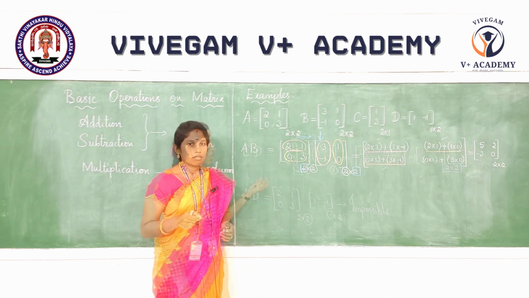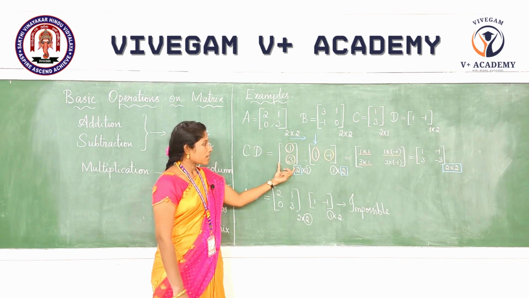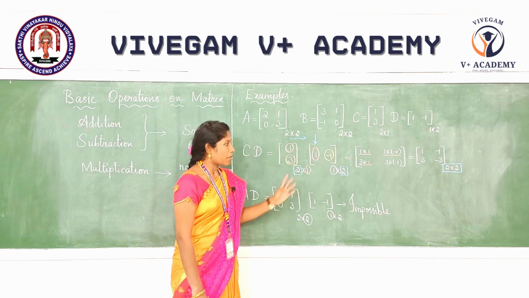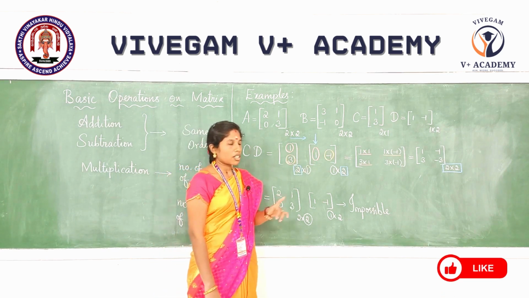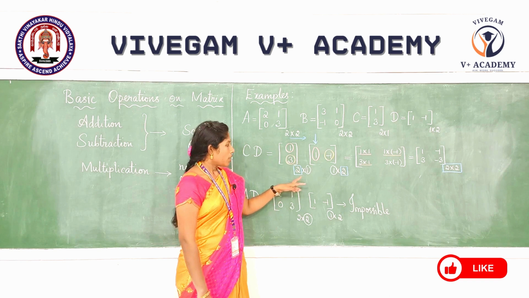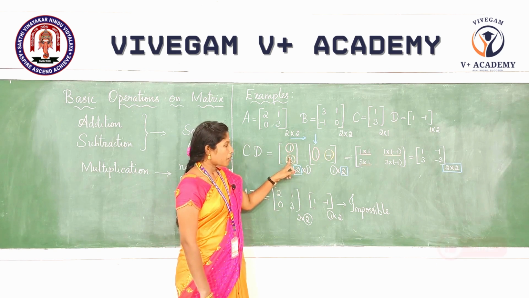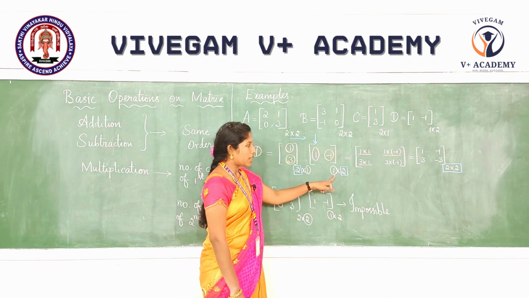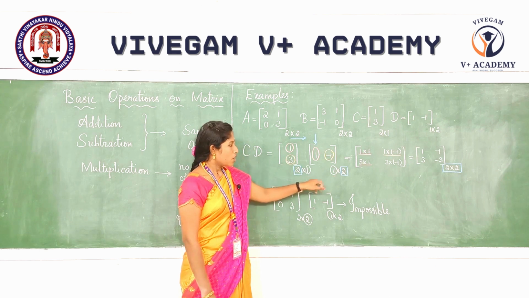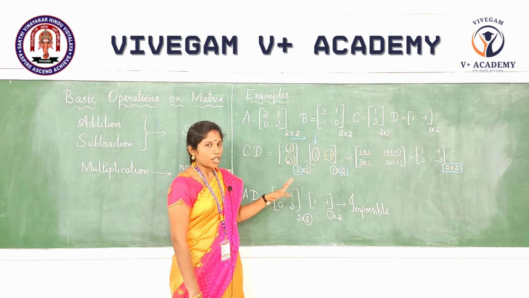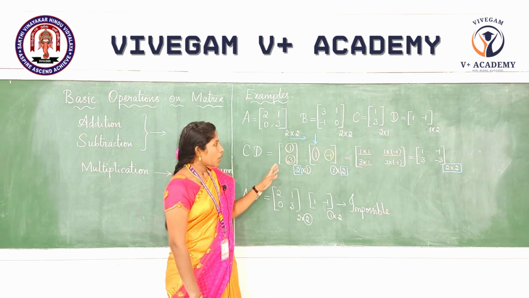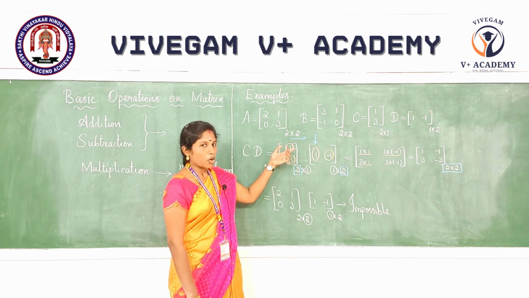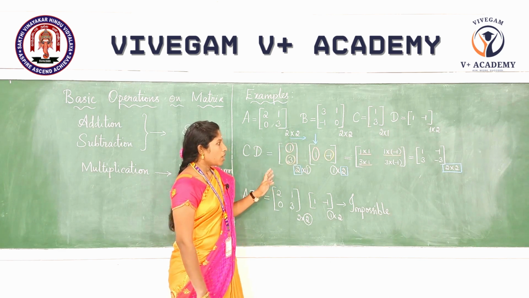Next example is C with D. So consider the C matrix and D matrix. First you have to check the condition whether we can do the product or not. The condition is the number of columns of the first matrix should be equal to the number of rows of the second matrix. So here both have the same value, so we can find the product. Now what is the rule we have seen? Row-column operation.